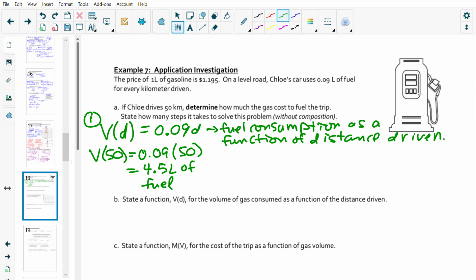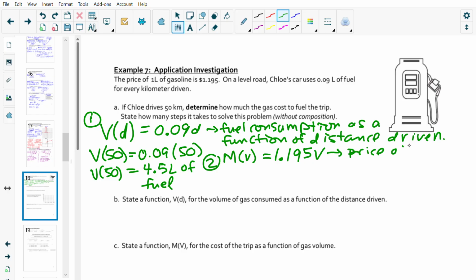It's going to take one more step to determine how much the gas costs. This is the volume. Okay, I need cost, dollars. So we know that the price of 1 liter of gasoline is 1.195. So let me write this function. So part 2, m of v, m as a function of v equals 1.195 times v.